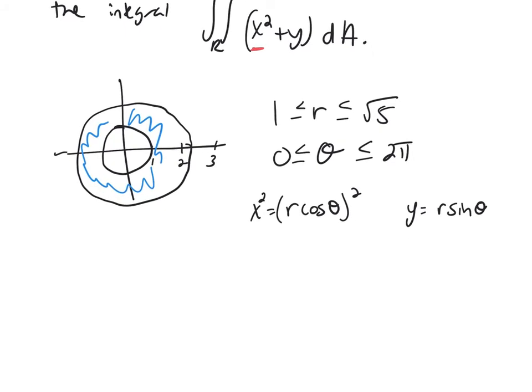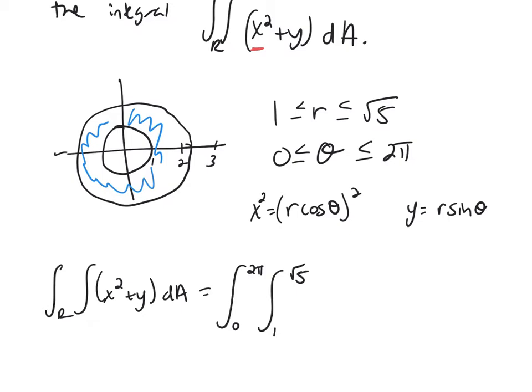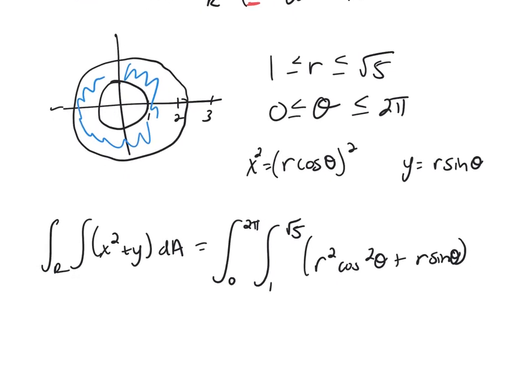And y will be r sine theta. So now I'm going to change over my double integral over R. It'll become the integral from 0 to 2 pi and 1 to square root of 5 of r squared cosine squared theta plus r sine theta. Because we're switching to polar, we get this extra r, dr d theta.